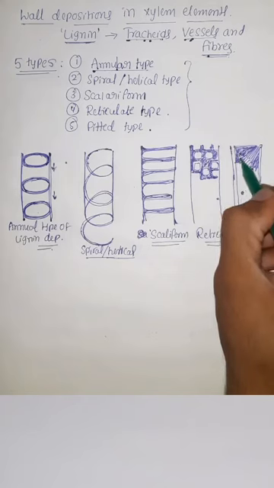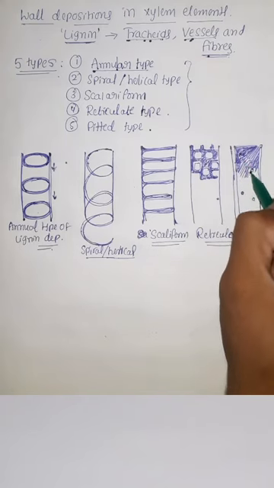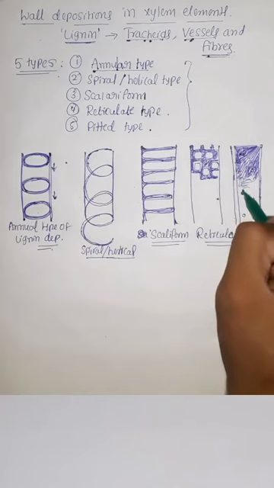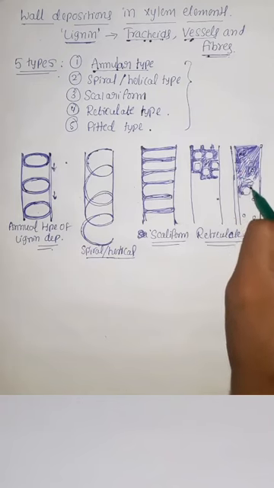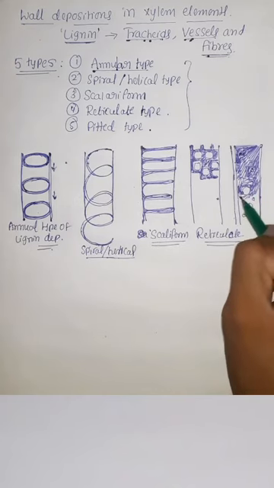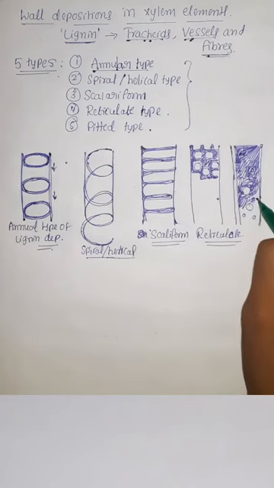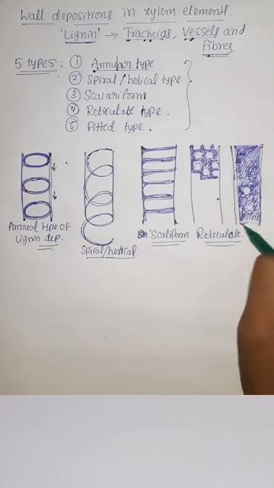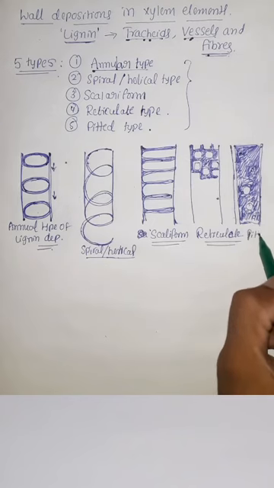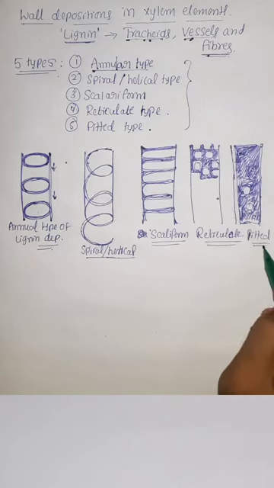These types of wall depositions are called pitted type of wall deposition. Except a few circular areas, in the remaining entire area the lignin is depositing, so that finally we can see small pits on the cell walls. It is known as pitted type of lignin wall deposition.